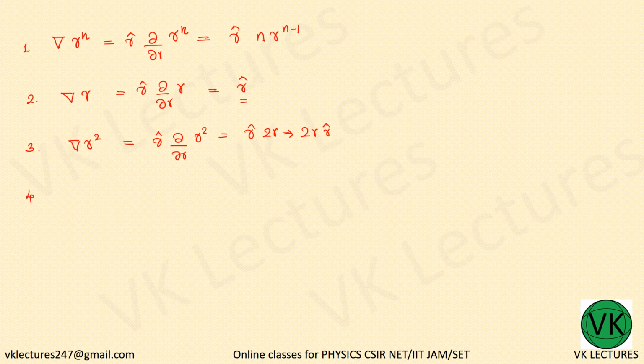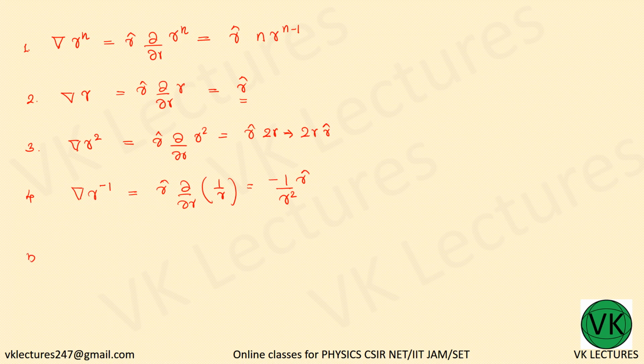And similarly del r power minus 1 is r cap dou r of 1 by r, which is minus 1 by r square into r cap.